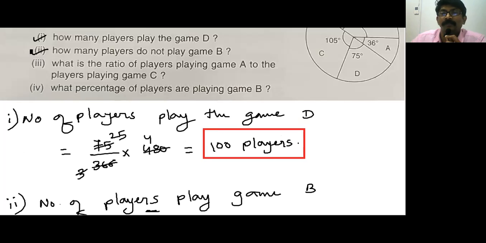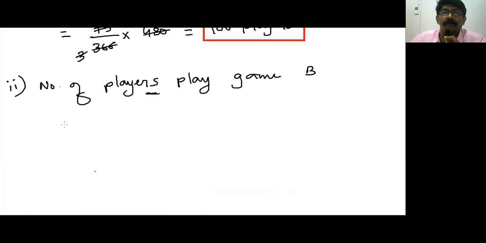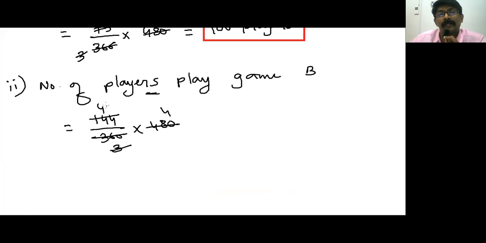Isn't it simple? So first of all, we'll calculate that: 144 out of 360 into 480. That's it. 12 threes, 12 fours, and then 3 fours are 12 and 8s are 24. So 48 fours are, it's going to come 192.